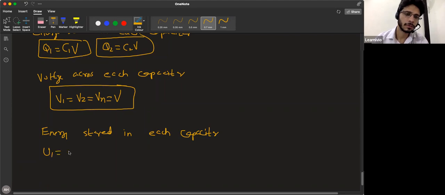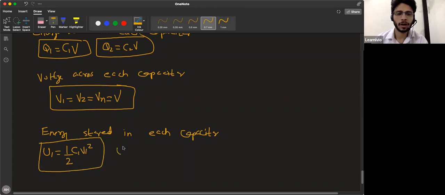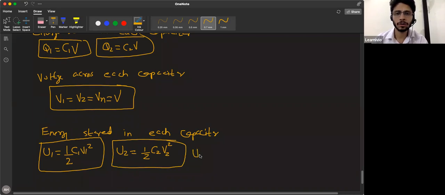U1 is half C1 V1 square. Then you have U2, which is half C2 V2 square. Then you have Un, which is half Cn Vn square.